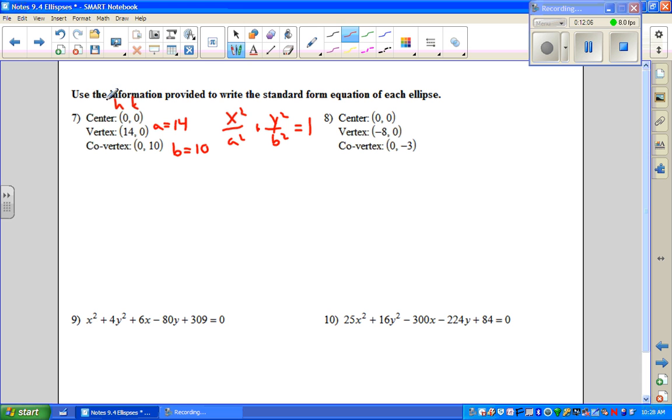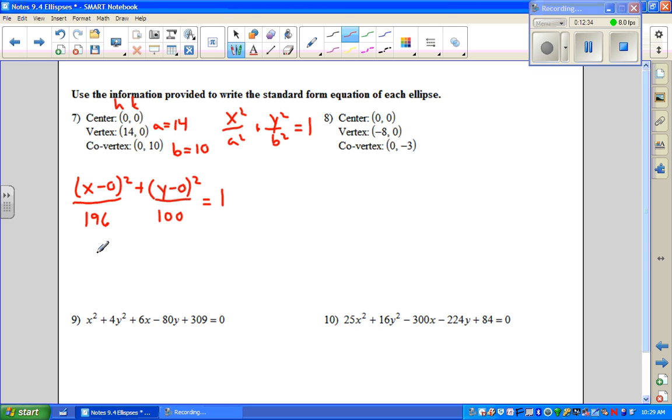And it's really easy for this one because your h and your k, you have x minus 0 squared plus y minus 0 squared. And then you have to take it underneath here. I got to square this value. So we do 14 squared, which is going to give us 196, right? And we do 10 squared, which is going to give us 100, and it's all equal to 1.